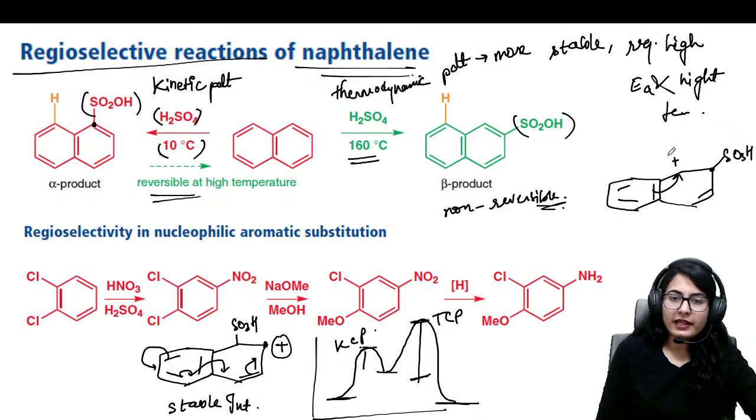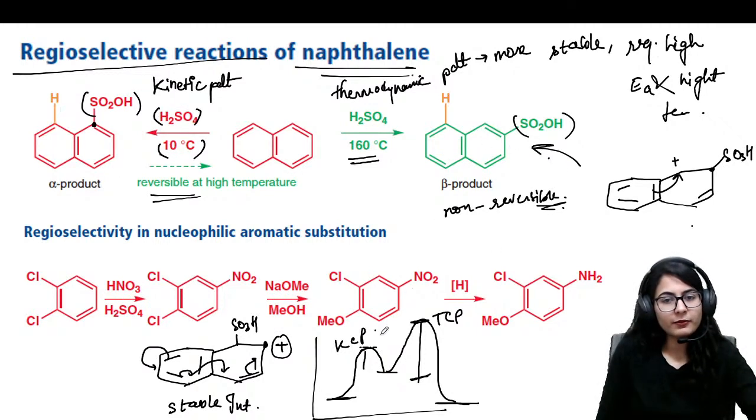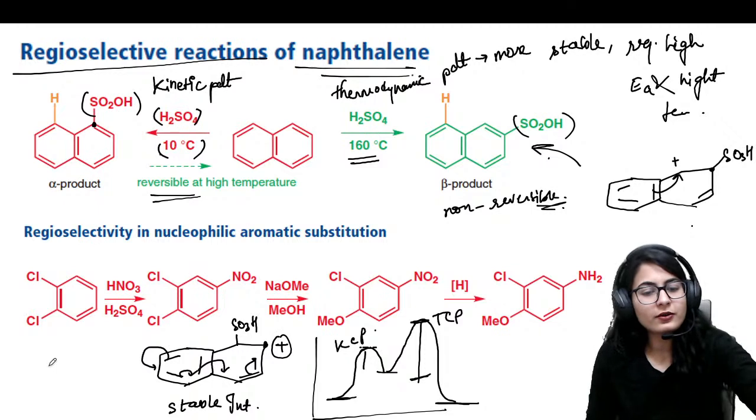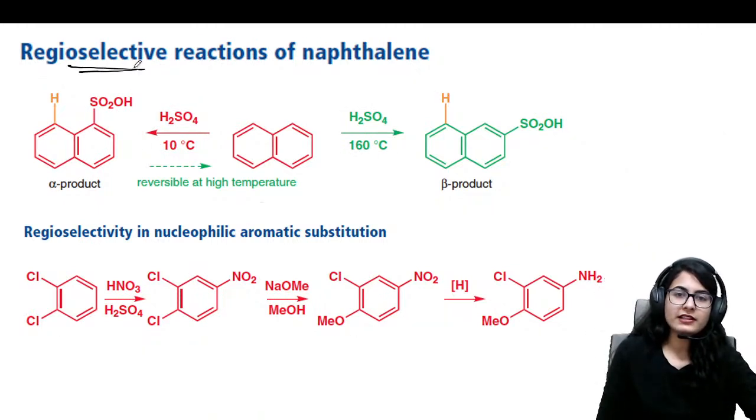So that's why, yes, that's why this is going to be a less stable intermediate, requires higher energy, and gives you the thermodynamic product. All right, so this was very simple. We had talked about the regioselective reactions of naphthalene giving you a kinetic product and a thermodynamic product.